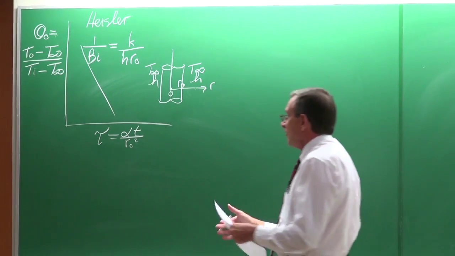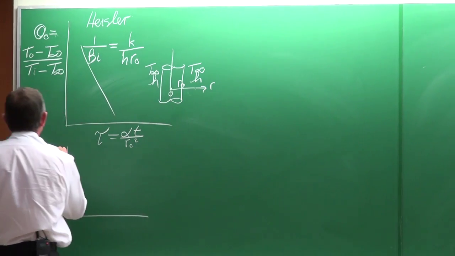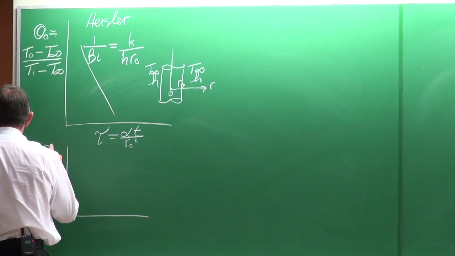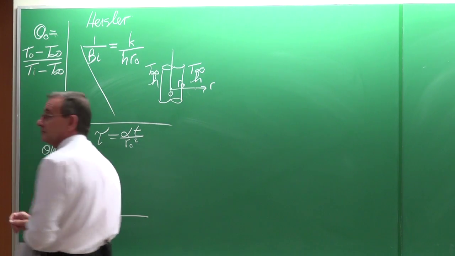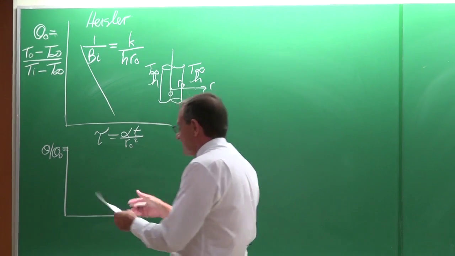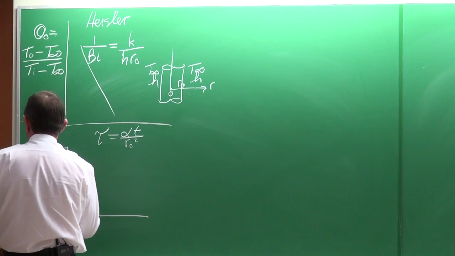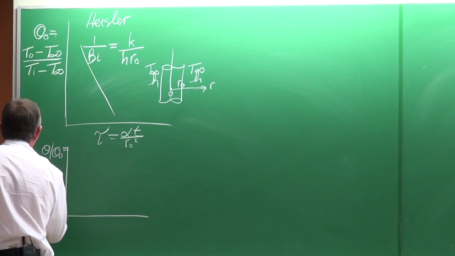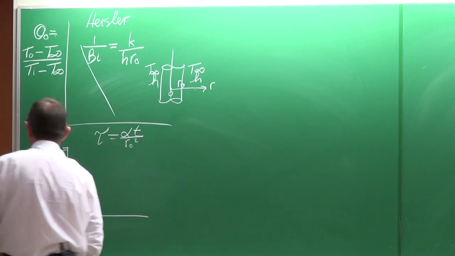The next graph gives us the temperatures at other positions. So that would be equal to theta divided by theta 0. And that would be equal to the temperature at any point r minus T infinity divided by the center temperature minus T infinity.